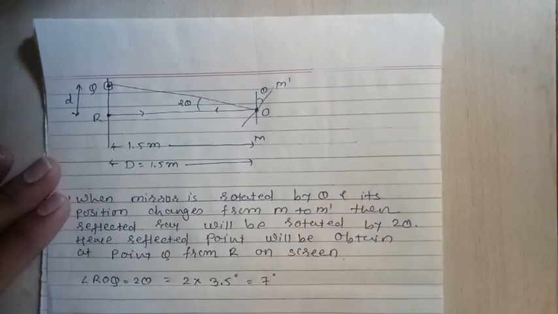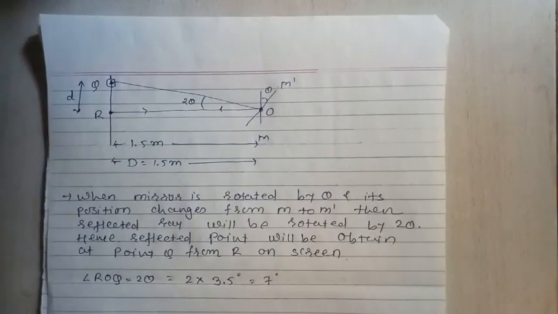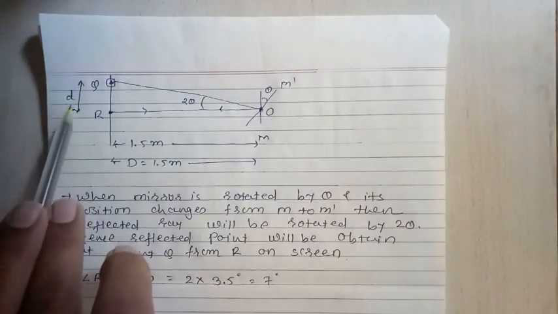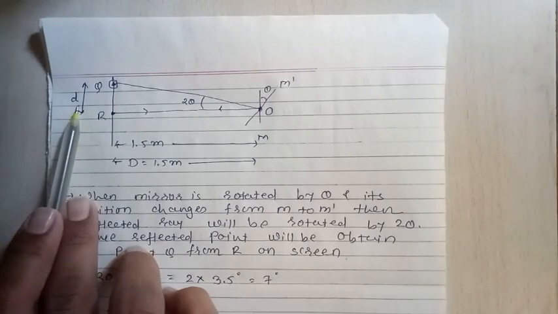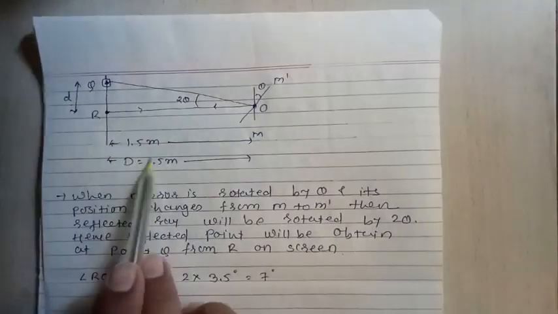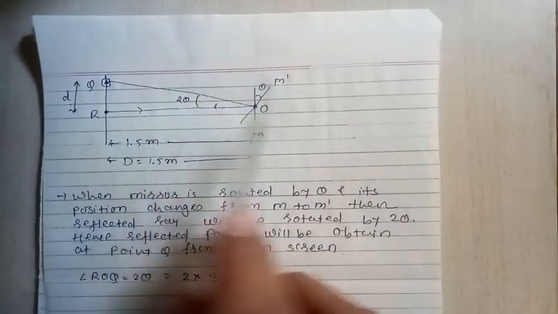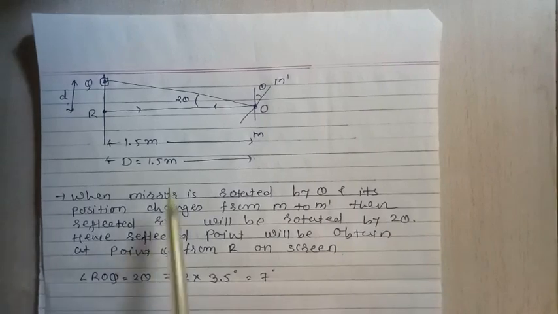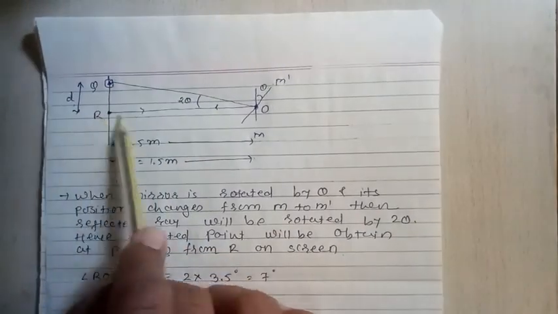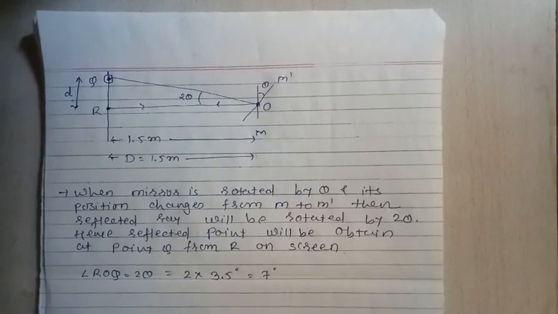Now we have to find out the displacement. The displacement is Q from R, which is denoted by small d. Capital D is known. The angle 2 theta is 7 degree. From the figure, this is the opposite side and this is the adjacent side, so once again we use tan.